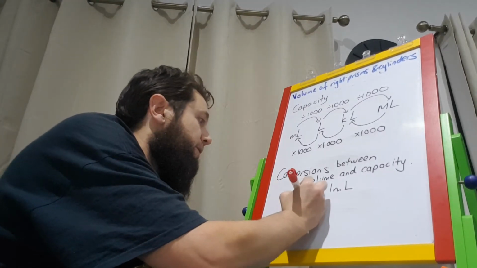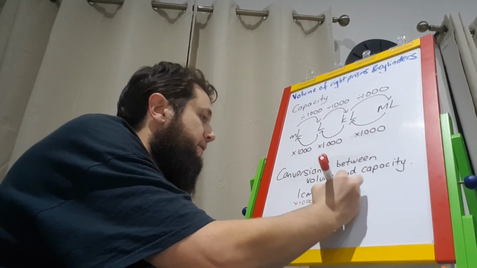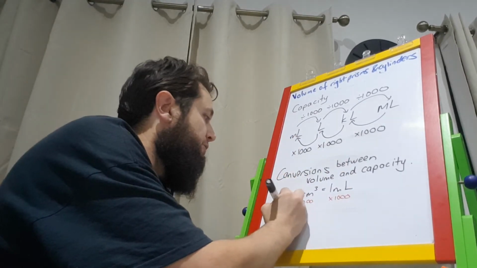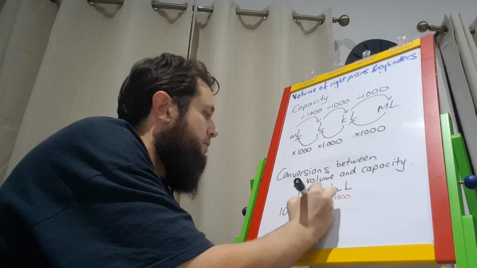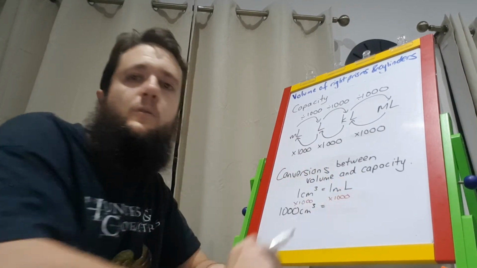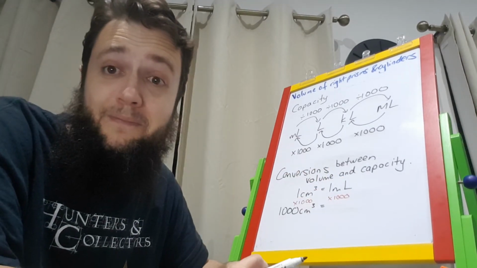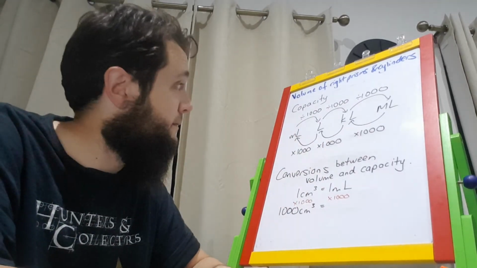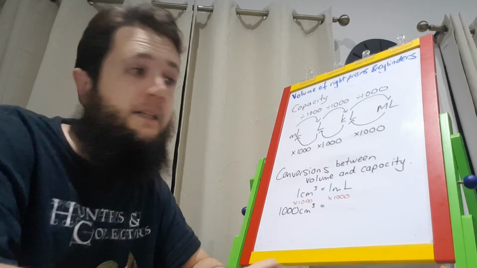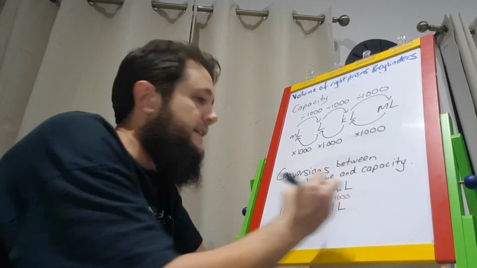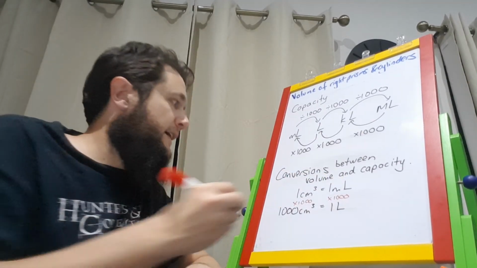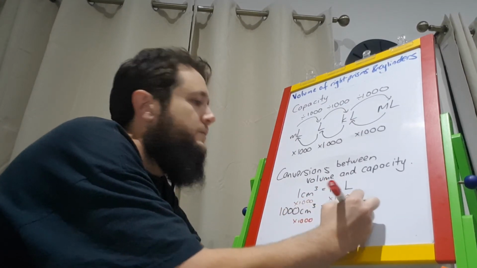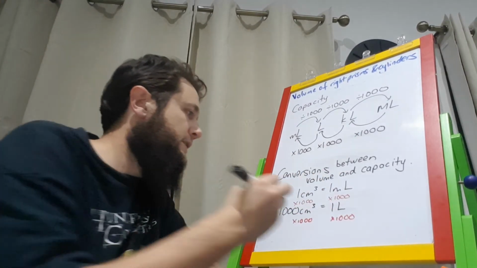If I multiply both sides of this by 1,000, you'll get the rather useful relationship that 1,000 centimetres cubed is equal to, what's 1,000 mil? 1,000 mil is 1 litre. Right? So that's useful. And if you multiply both sides by 1,000 again, you get another useful conversion between the two.